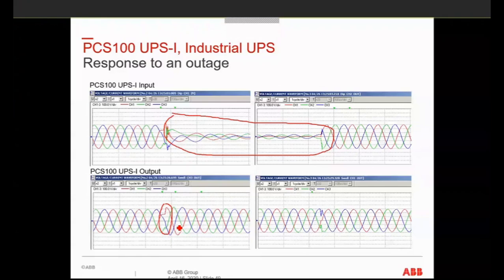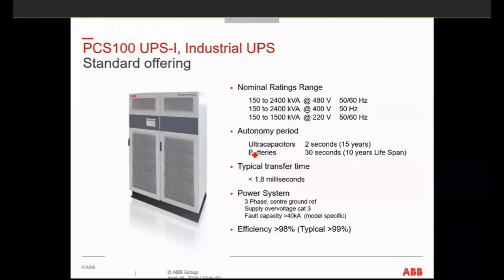The typical transfer time is within 1.8 milliseconds. So this is very fast, and the efficiency is always above 98%, regardless of the percentage load. If you have a 10% load remaining, it will guarantee you a 98% efficiency.